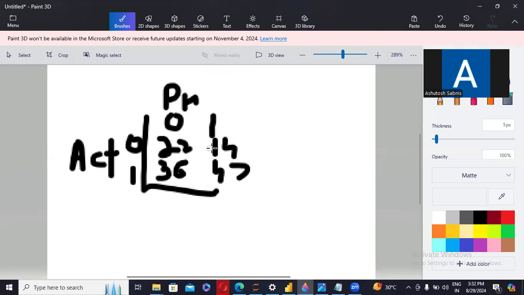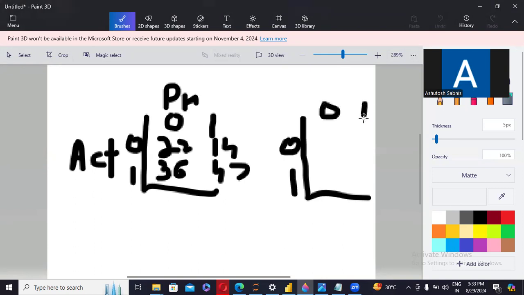Wait a minute, I will open a brush. I will redraw it once again. These are the actual and these are the predicted. I will write here 0, 1, 0, 1.